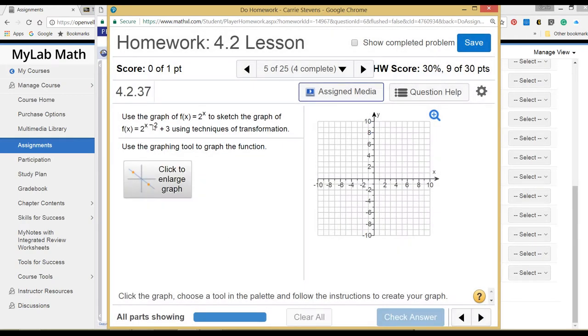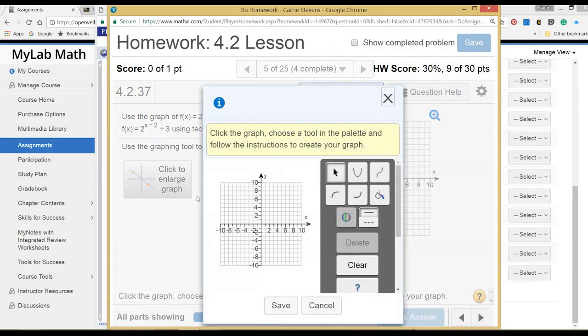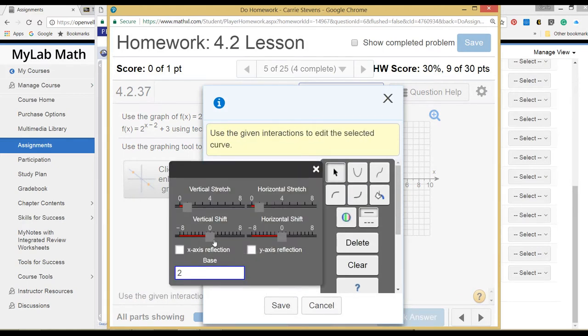Then we have 2 to the x minus 2 plus 3. So two things happening here: a horizontal shift to the right by 2 units and a vertical shift up by 3 units. Start off with a basic. Let's do the vertical shift, up 3.